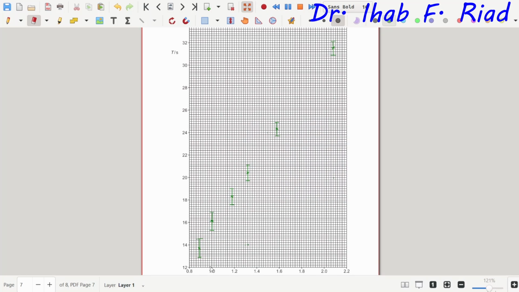So I'm going to make a, unfortunately you cannot see me with my meter ruler trying to get the best line, but okay.